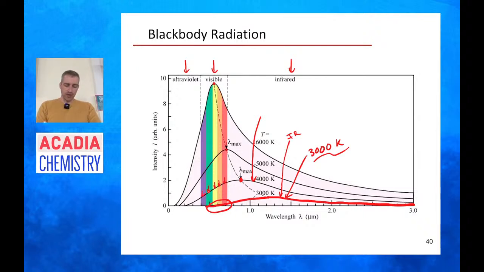And eventually, if you get it to 6000 degrees Kelvin, the peak is in the visible part of the spectrum. This becomes very bright, like the old incandescent light bulbs with tungsten filaments. If you get that filament hot enough, it gives off a lot of light, mostly in the visible part of the spectrum.